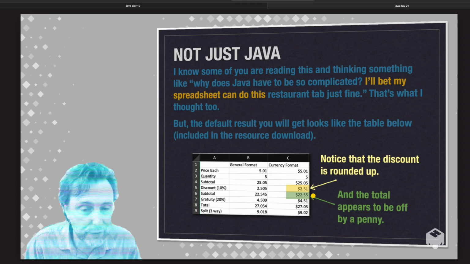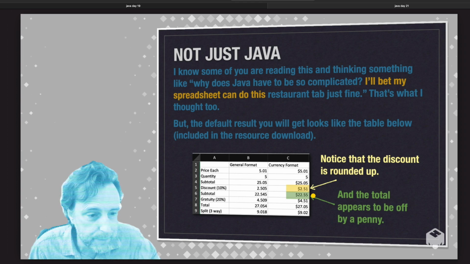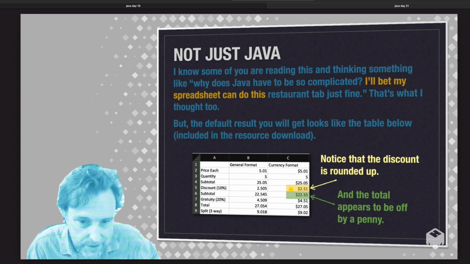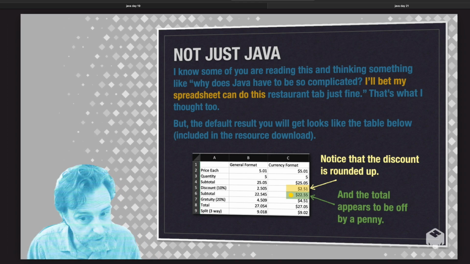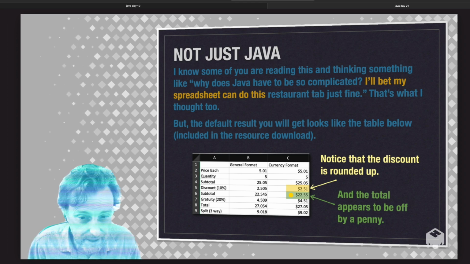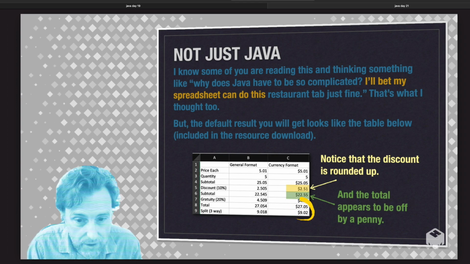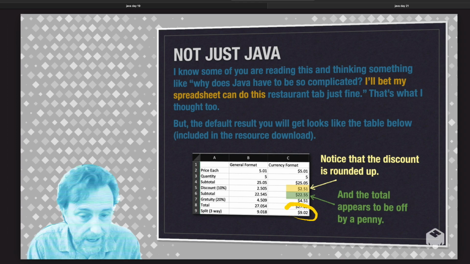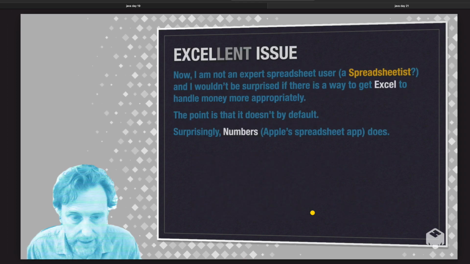There's no way that 2505, which is the subtotal, minus 251, the discount, can be 2255, even if you can't do that in your head. It should be 2254, right? So we get the same end results, 2705 for the total and 902 for the split. So the spreadsheet, Excel, did not get it right.